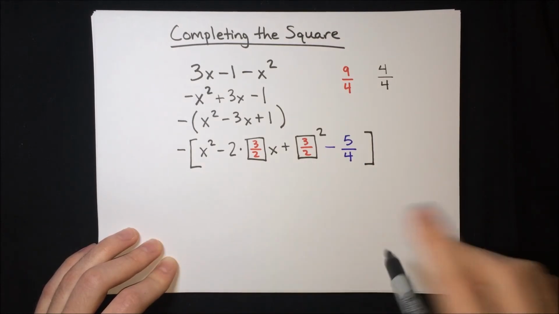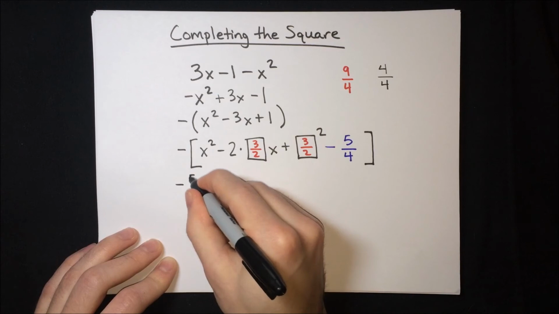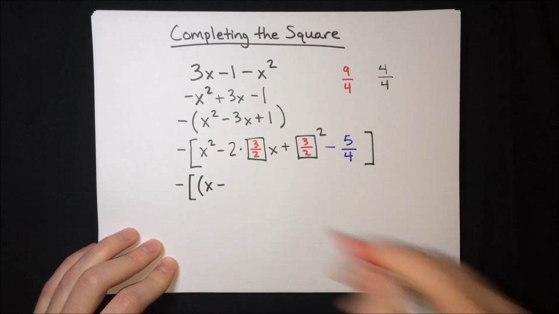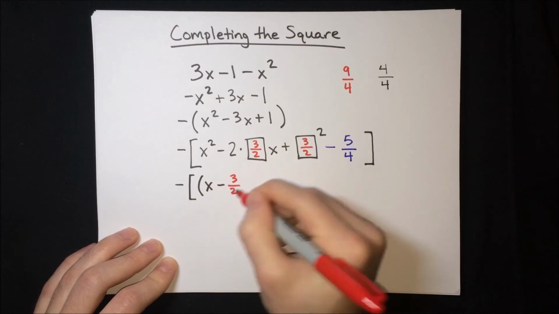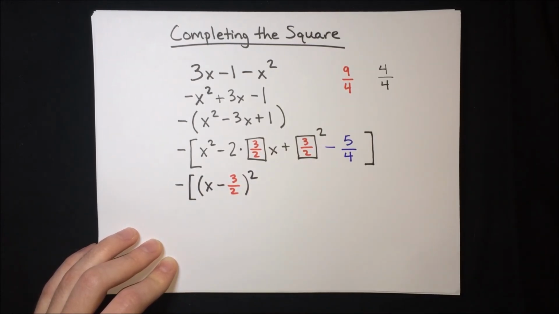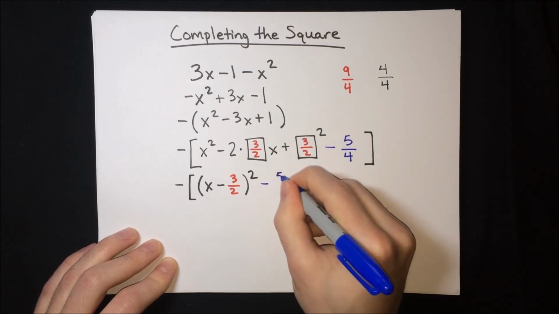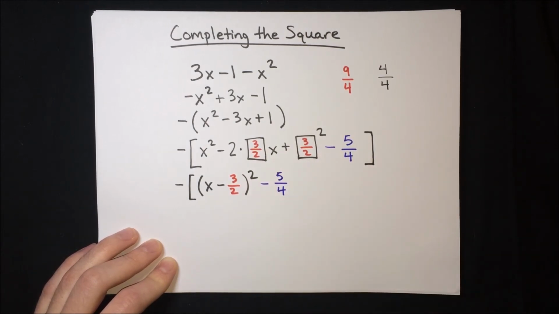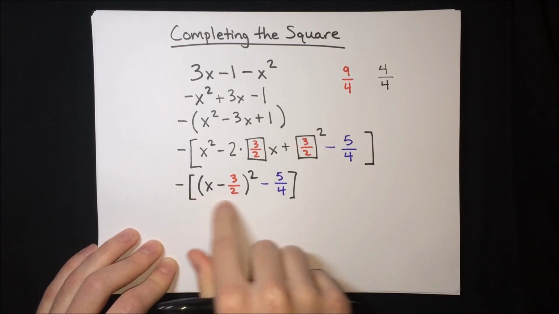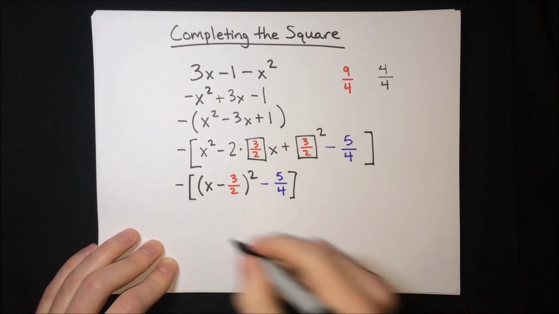Within these brackets here, we can do negative of x minus our number 3 over 2 squared, and bring down our minus 5 over 4. And then lastly, we can just distribute the negative sign across both terms again.